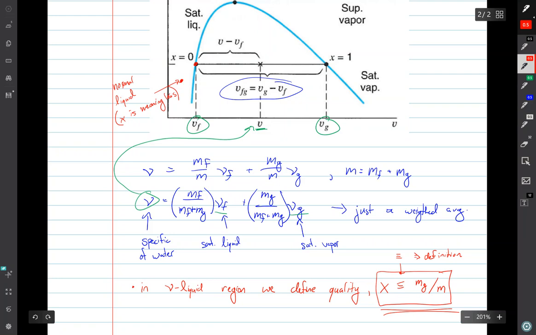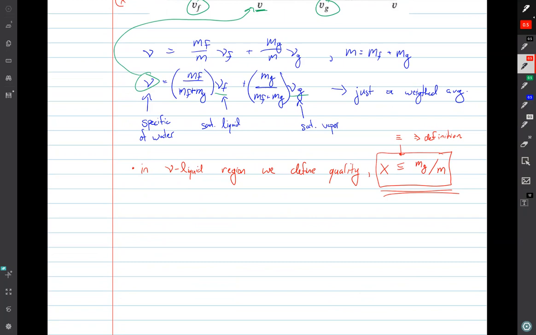So we don't talk about quality unless we're specifically in this vapor liquid region. We don't talk about quality of a gas. We don't talk about quality of a liquid. We talk about quality only with a vapor liquid mixture, or a saturated liquid and saturated vapor. So it's only when you're basically on this blue line, or in between.